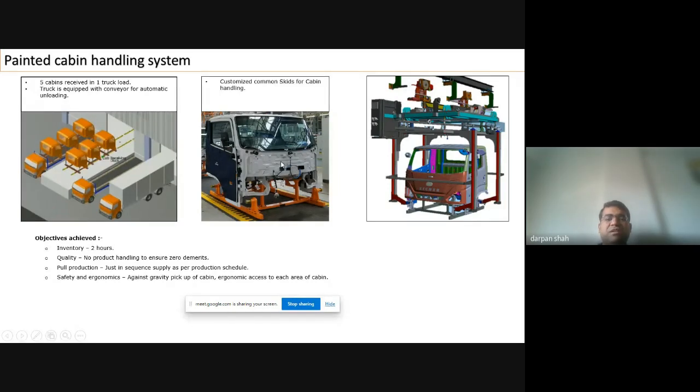So there are unique conveyors and unique skids designed and implemented with a very special hanging arrangement for that particular cabin, so that not even a single component in the outer A class surface area of the cabin is damaged. So we have conveyorized trucks, in that we have cabin which is received, unloaded, stored not more than 2 hours, and supplied in a very ergonomic fashion onto the assembly line.